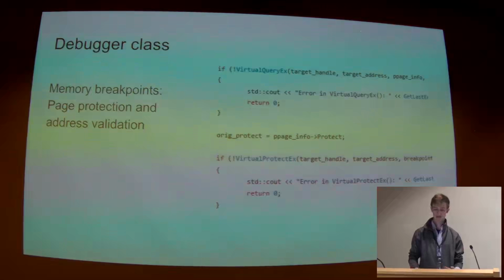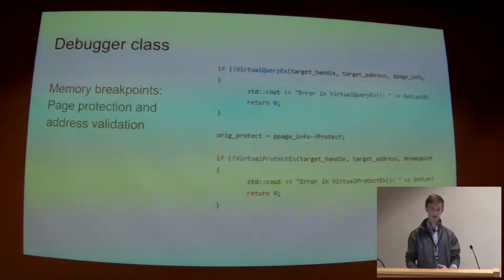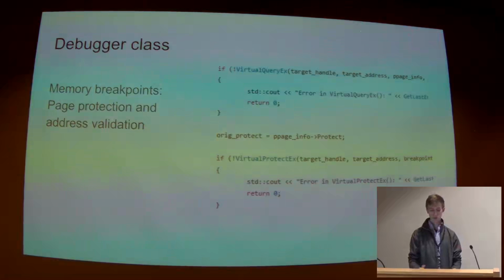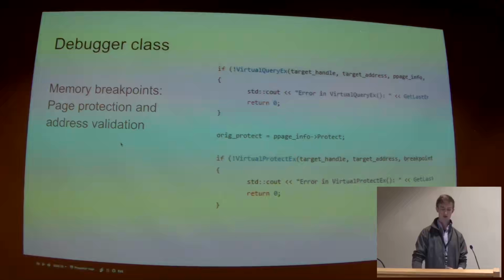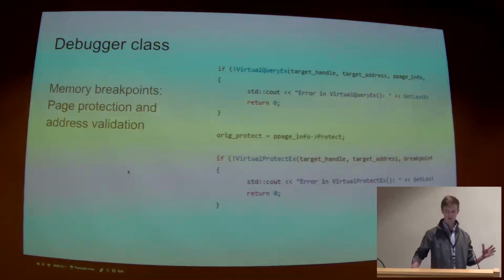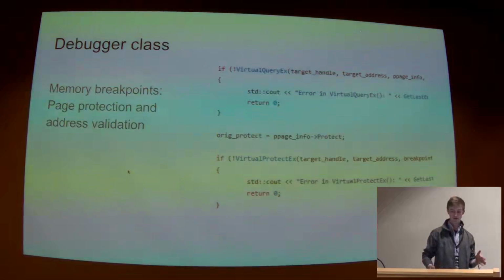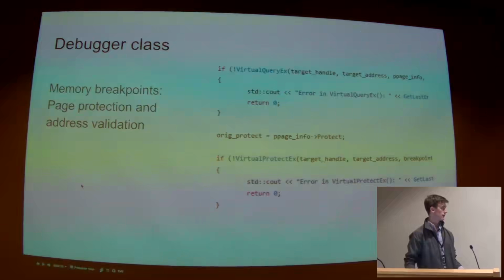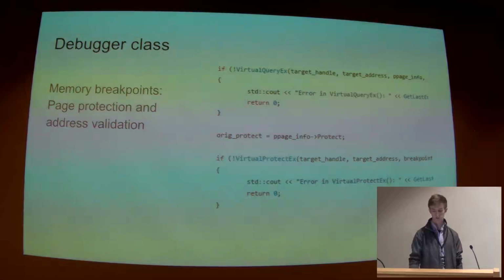Windows says okay, so every single time the game, or whatever target binary we're studying, tries to access this address of interest, an exception gets thrown. At that point the debugger class checks whether the address that was accessed is actually what we're interested in, because a page is going to contain more than just the address we're interested in. So it's on our debugger class to check whether the address that triggered the access violation is the one we're trying to set the memory breakpoint on.